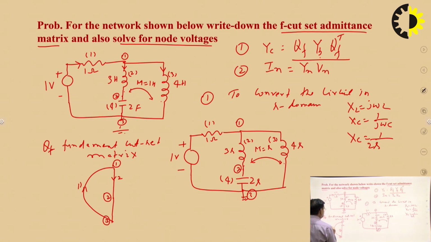Between 2 and 3, this is branch 4, and the direction of current is this, from 2 to 3. And 1 to 3 is branch 3. With the orientation, this is the oriented graph.